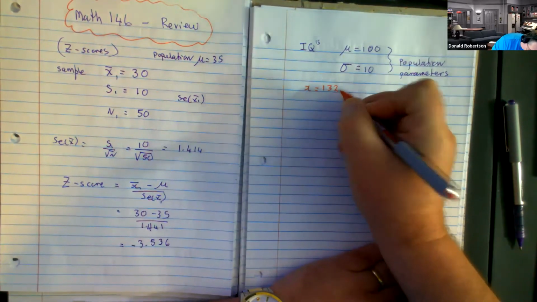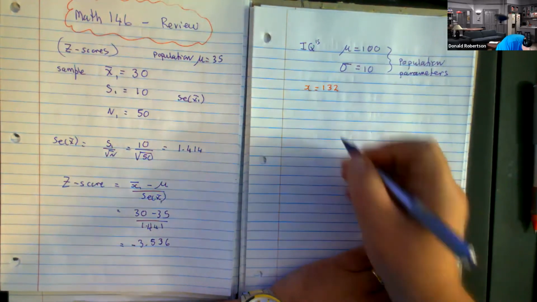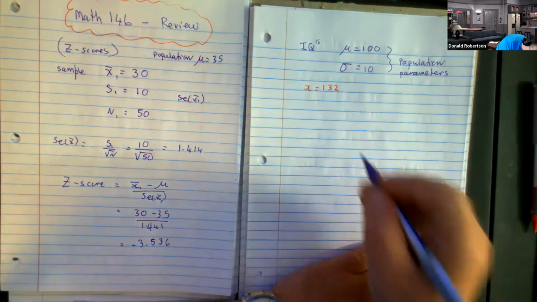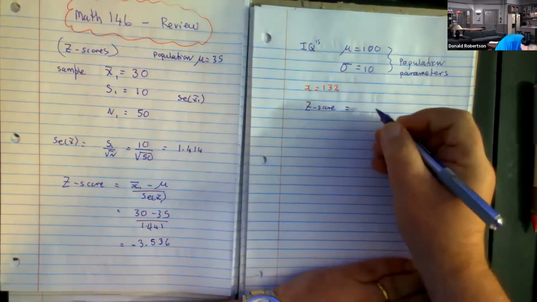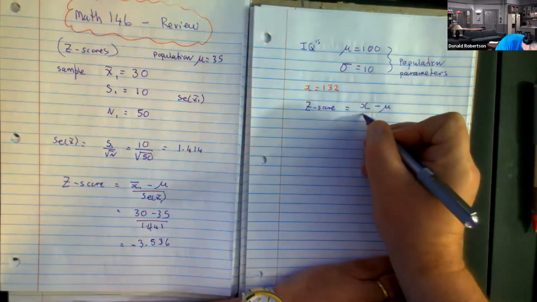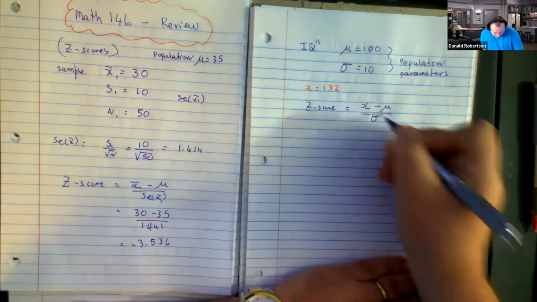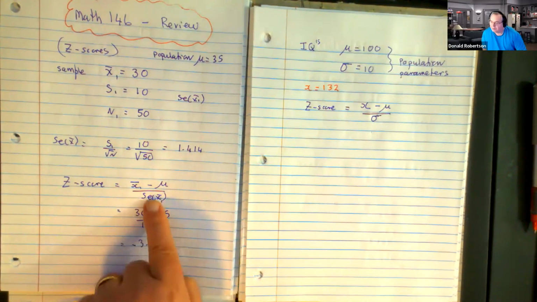And what you might be asked to do is find the z-score for this one person. Well, in this case, the z-score will be what they got, take away the mean, divided by the standard deviation. Now, do you notice that sigma doesn't have any dividing by n going on, right? It's just sigma this time.